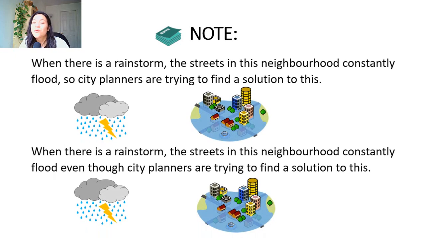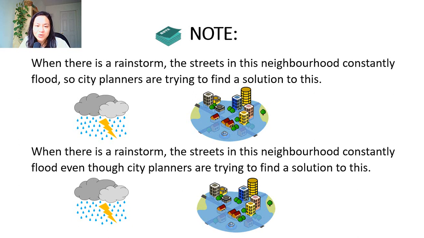Note that even though this is a good way to join sentences together, the original meaning of the sentence has changed. Compare the two sentences that we have formed again. When there is a rainstorm, the streets in this neighborhood constantly flood, so city planners are trying to find a solution to this.